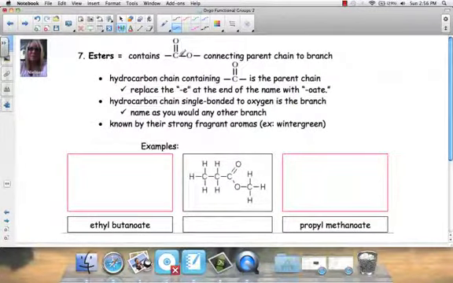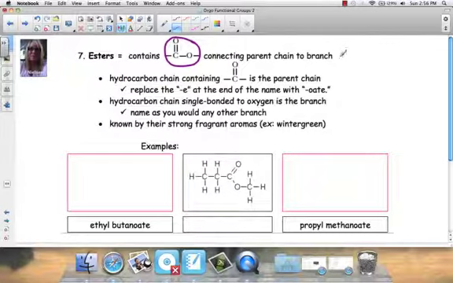Esters, very, very similar to organic acids, except for they are only C double bond O O. They're missing that H, and they are embedded in the middle of the chain somewhere. Now, it's a lot easier to understand esters if we talk about esterification.